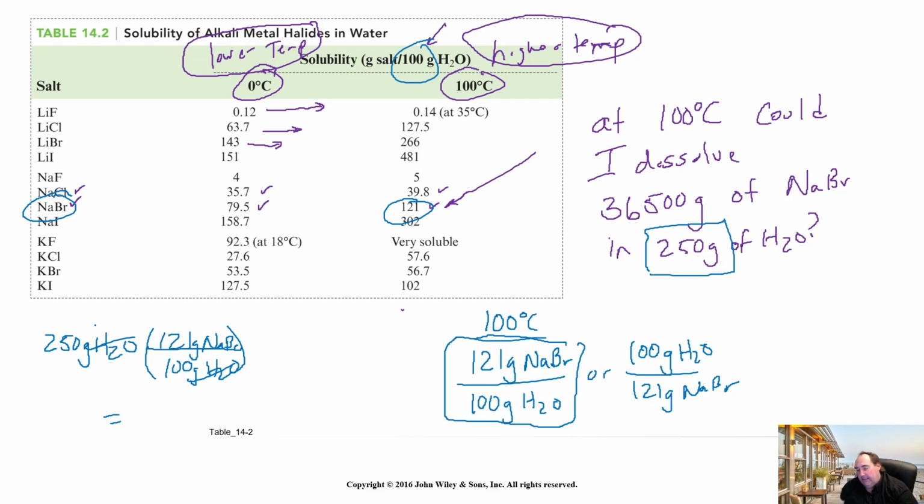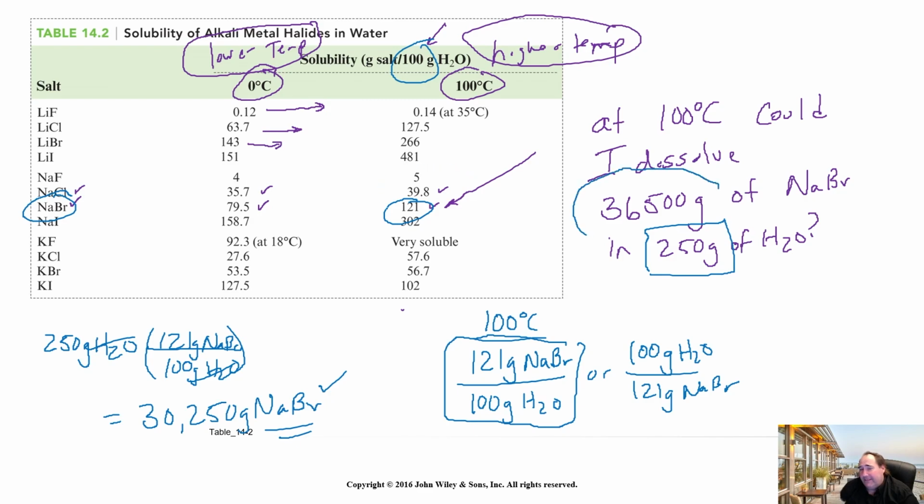And that's going to give me, if I grab my calculator, looks like 30,250 grams of sodium bromide. That means based on this table and the solubility of sodium bromide at 100 degrees Celsius, if I had 250 grams of water, that is as much as I could dissolve.